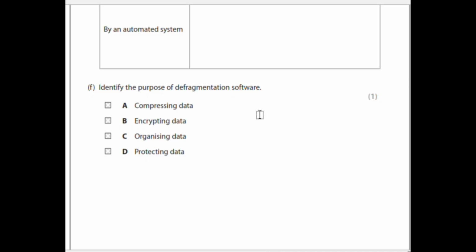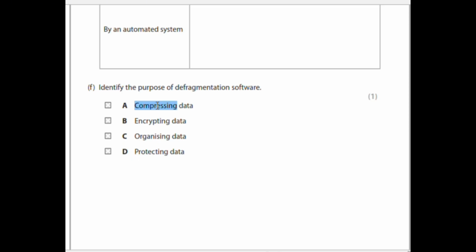So a defragmenter is a software that is used to do defragmentation, and when you talk about disk defragmentation, we mean that we are organizing the files into an organized structure. So you are bringing related files together so that they are organized.